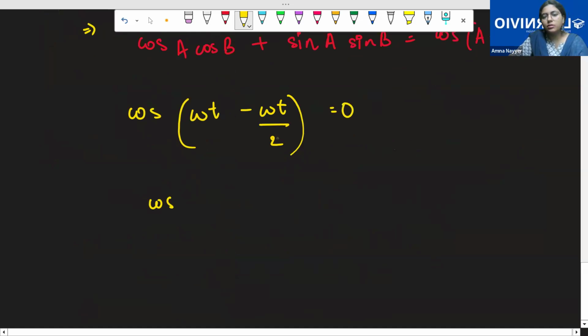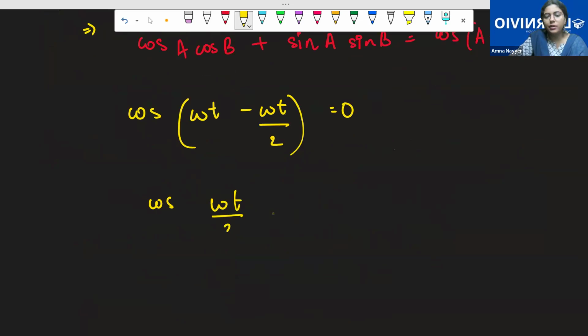So this will be cos of omega t by 2, equal to 0.